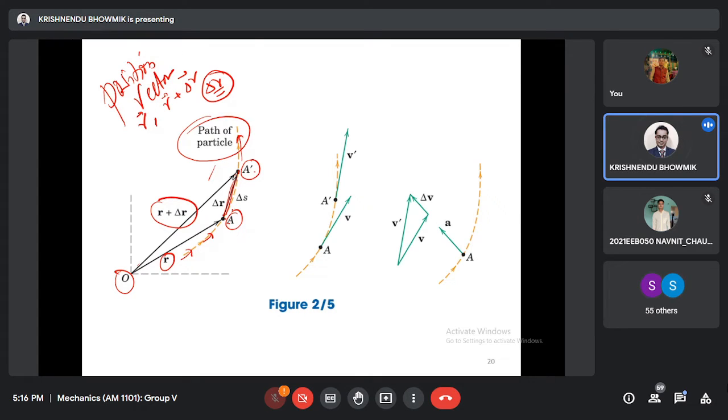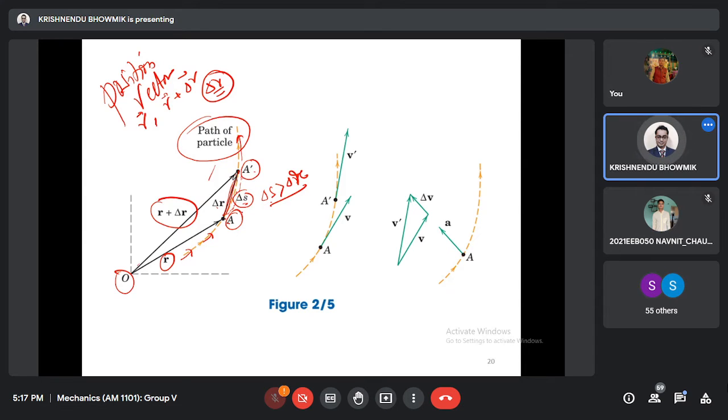But you can see the distance traveled is a little bit higher, no? This is due to curvature. The distance traveled is delta s. In this example, delta s is greater than delta r. I am writing here, to avoid confusion, this distance traveled is a little higher than delta r because this is a straight line triangle.